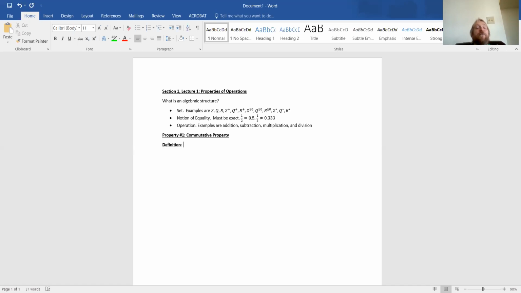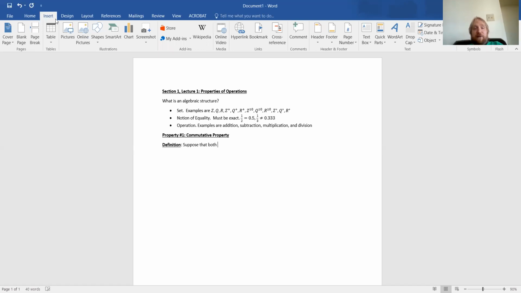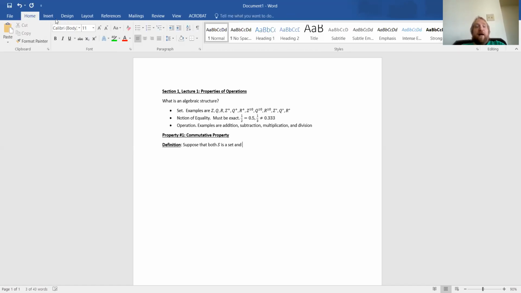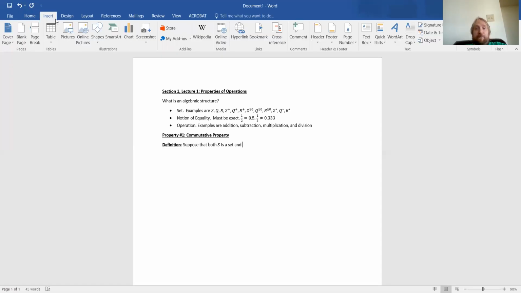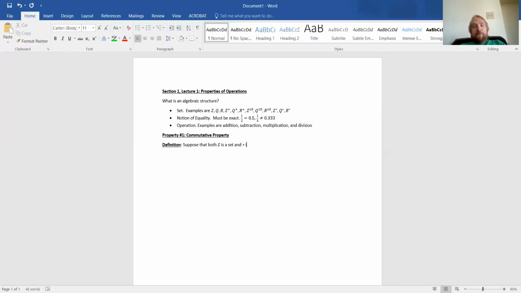Okay, so for the definition of the commutative property, we're going to suppose that both S is a set and star is an operation. Now, the way that we define this is we say that star is commutative on S. In other words, operations are commutative on sets.